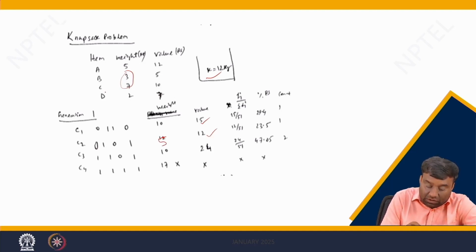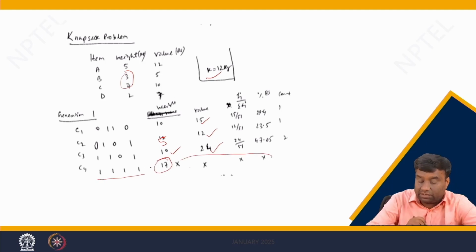Here 1101, so A, C, D: A is 5, B is 3, C not selected, D selected, so the weight is 10. So the value is 24, 12 plus 5 plus 7. This is not a feasible solution because the weight is greater than 12, so it will not participate in the calculations.